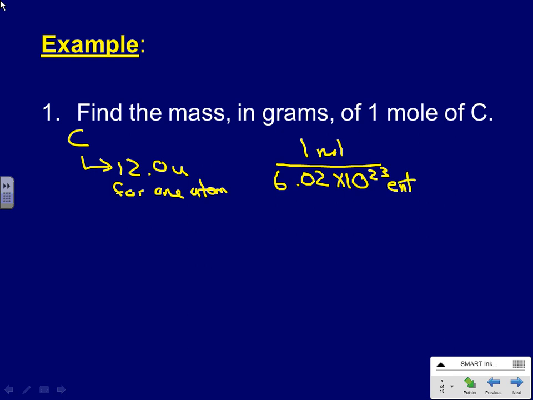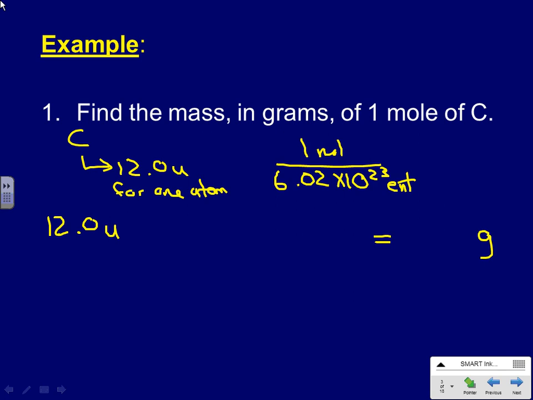So if I'm starting with 1 atom, which is 12.0 U, I eventually want to get to a unit of grams for 1 mole of that substance.